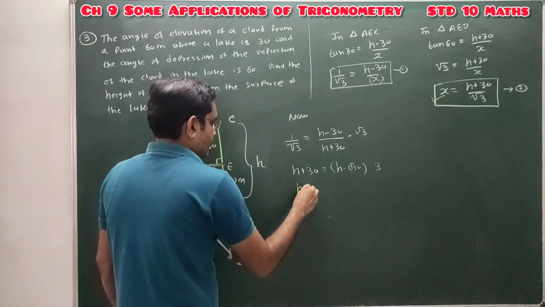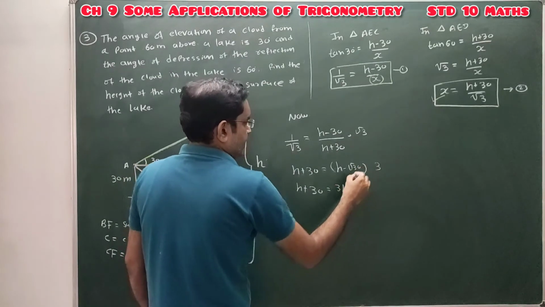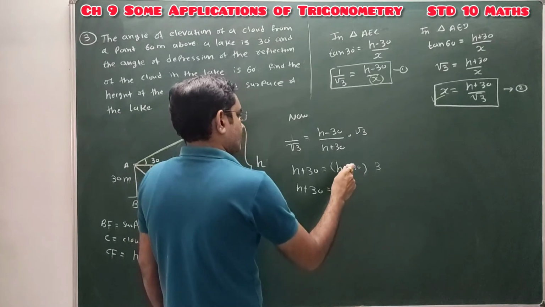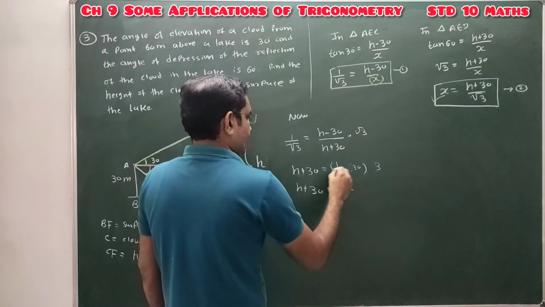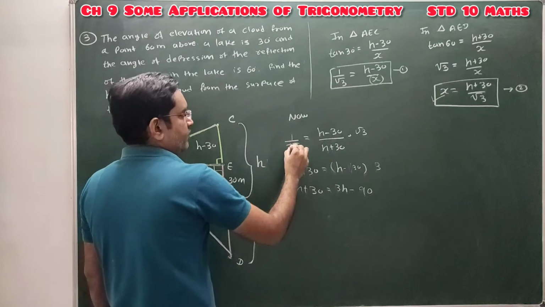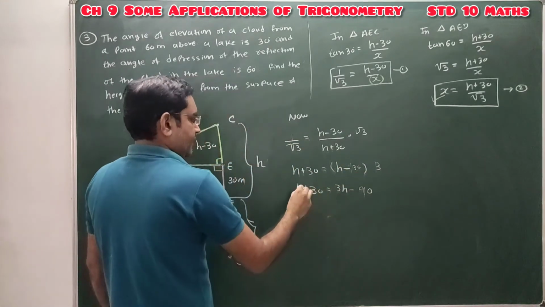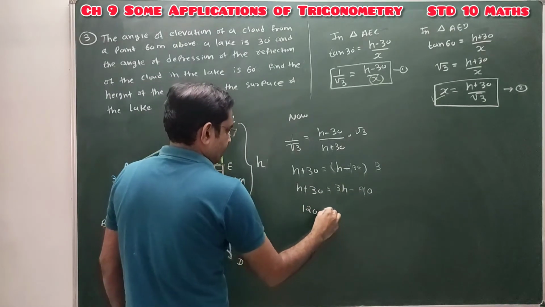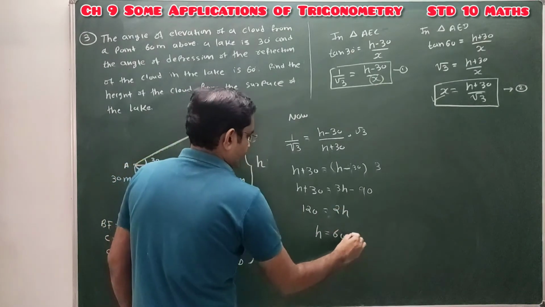So h plus 30 equal to h minus 30 into 3, so this will be 3h minus 90. Take this h on the right hand side, minus 90 on the left hand side, so it's 120 equal to 2h. So h equal to 60 meter.